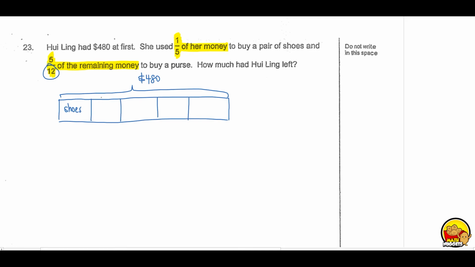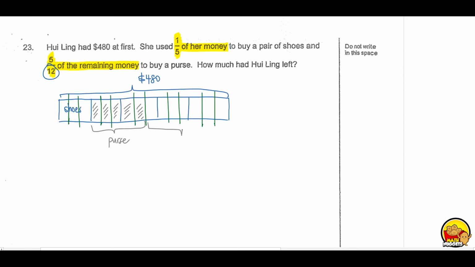Let me cut them up into 3 units each. So I get 12. Don't forget to cut the first unit as well. So 5. 1, 2, 3, 4, 5. This was used to buy the purse.